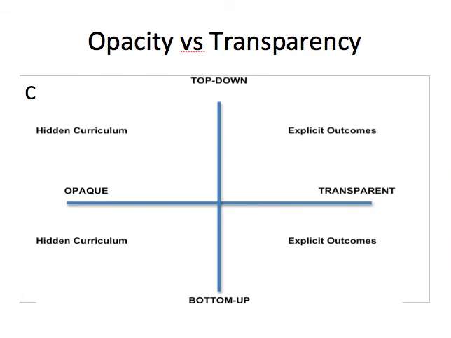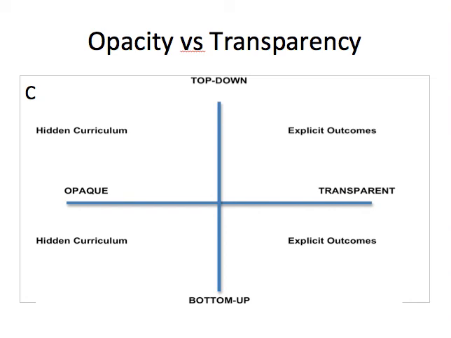So if we look at this in terms of top-down, let's talk about top-down as being decisions made on larger levels like government levels, and then bottom-up made in the particular classroom. What I really want to focus on is not the top-down, bottom-up dichotomy, but the dichotomy of opaque and transparent goals or outcomes.